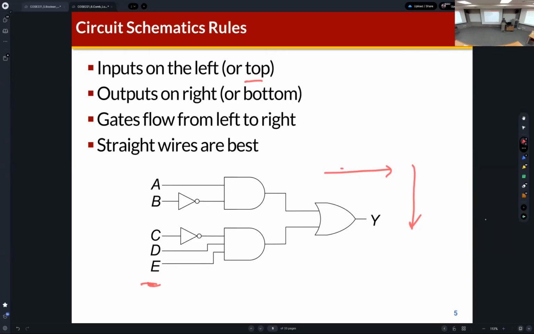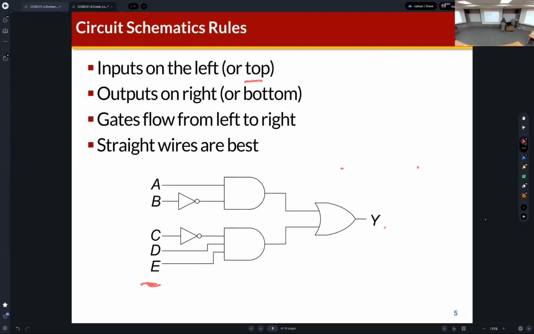Also, output signals are placed on the right or bottom. And as I mentioned, the signals flow left to right and top to bottom because the input is placed on the left and the output is placed on the right. So obviously, the signal flows from the left side to the right side or top to bottom.